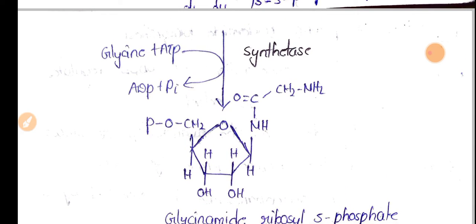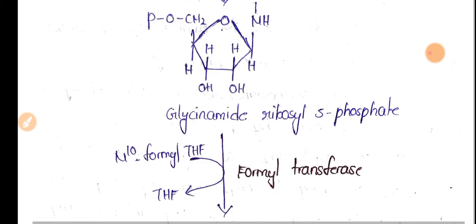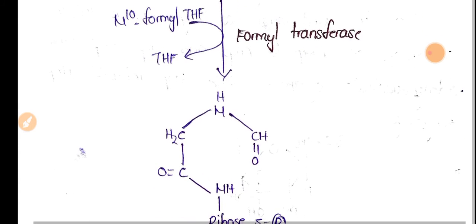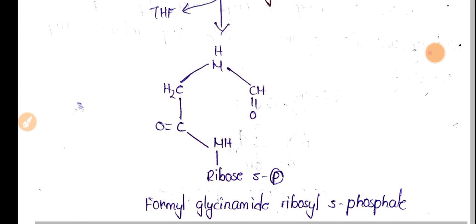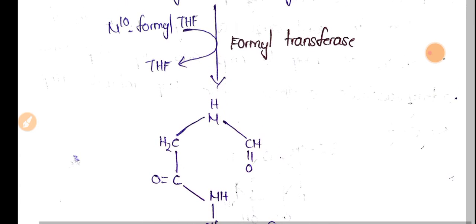Here another amino acid, glycine, is added to this compound. Again, glycinamide ribosyl 5 phosphate is converted into formyl glycinamide ribosyl 5 phosphate, which is a THF dependent enzyme. Formyl transferase will catalyze this reaction.